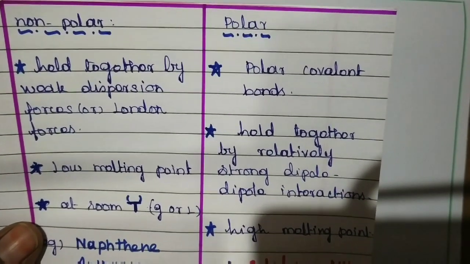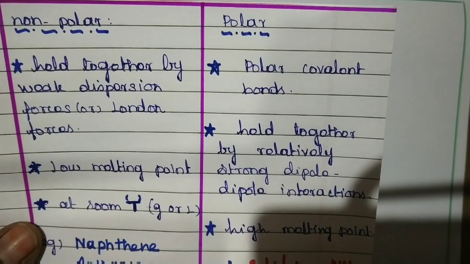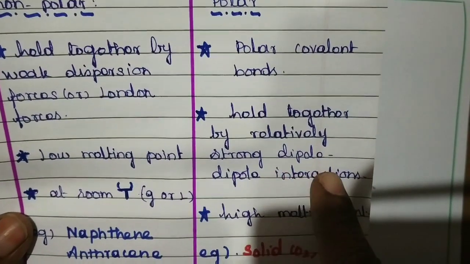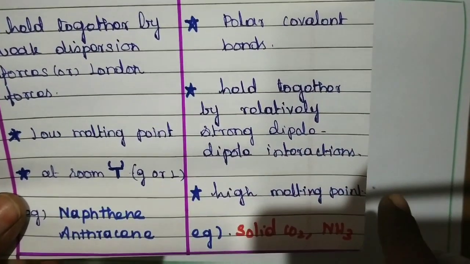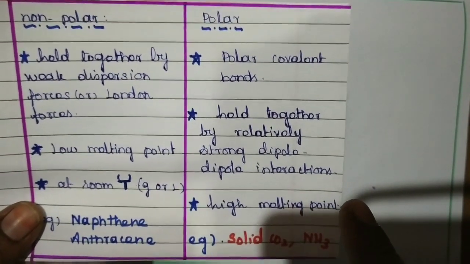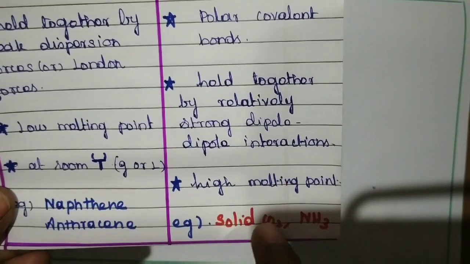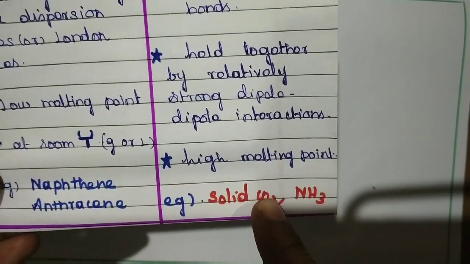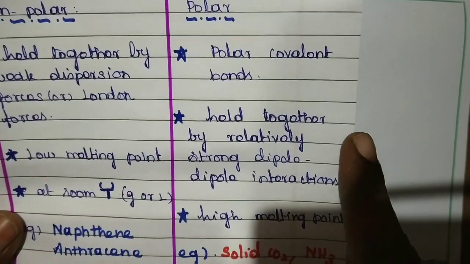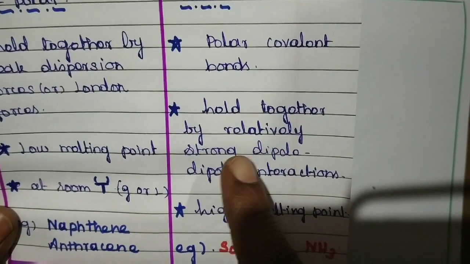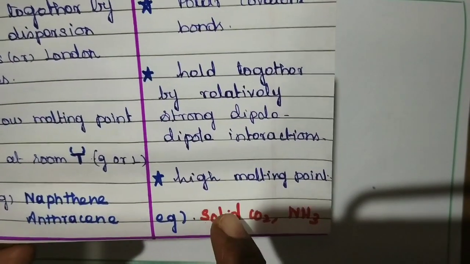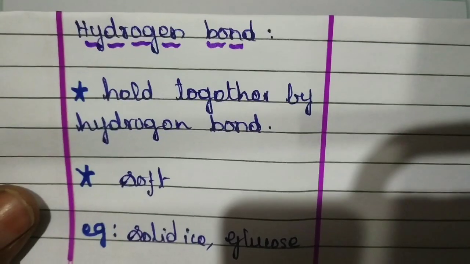They are held together by relatively strong dipole-dipole interaction, and they have a high melting point. Examples: solid carbon dioxide and NH3.